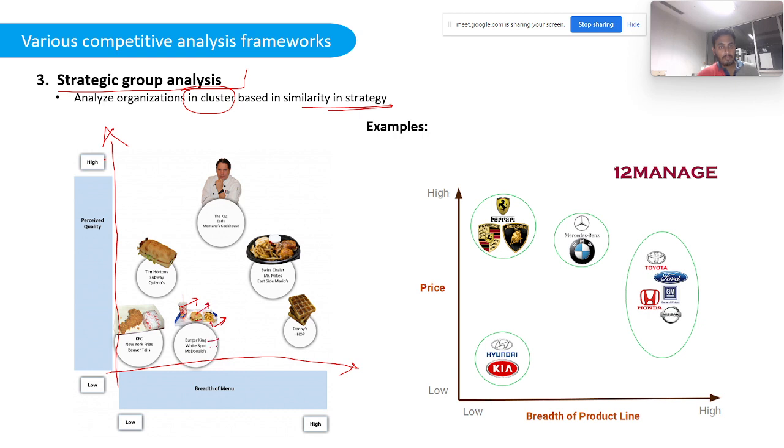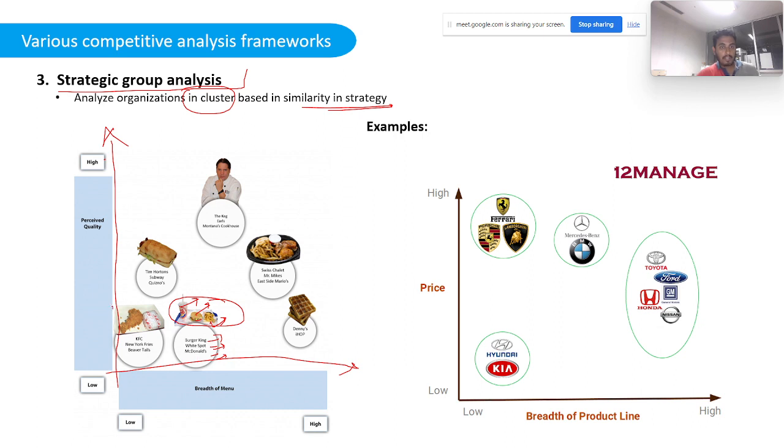Burger King, White Spot, McDonald's. Based on the particular strategy or food profile which they think of as a strategy to sell their products, you can group these many organizations together.